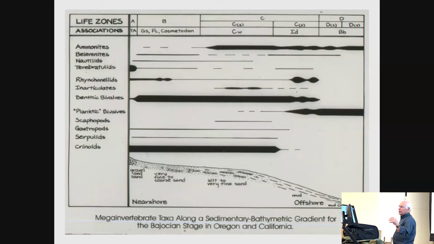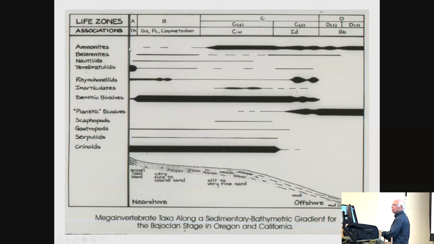So in my younger years, I went all over the western part of the United States measuring sections everywhere. And I came up with this nearshore offshore scheme of where different groups of invertebrate animals were relatively abundant. For example, down here, you have the crinoids that are prolific in the shelf, and then they drop off offshore.